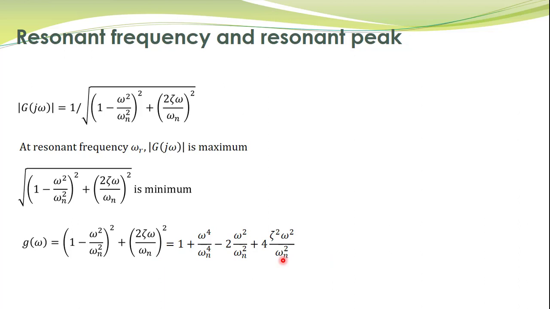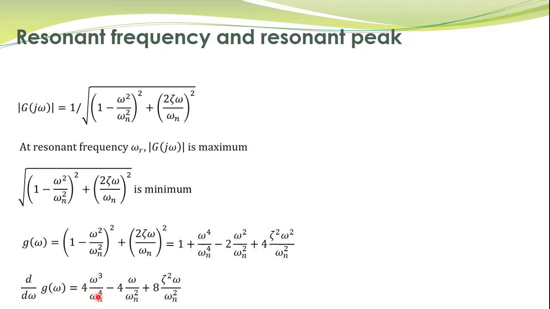Now finding the derivative of this function g of omega with respect to omega is quite simple. All of you can easily find the derivative. Derivative of this one with respect to omega is equal to 0. Derivative of this term with respect to omega is 4 omega cube divided by omega n square.